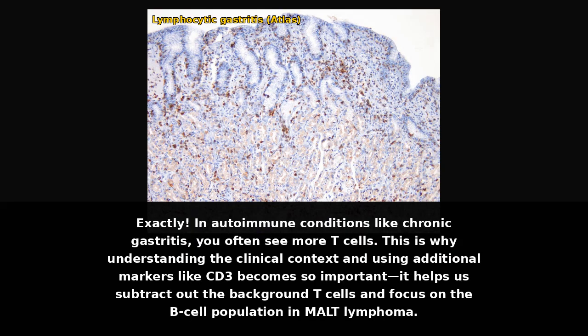Exactly. In autoimmune conditions like chronic gastritis, you often see more T cells. This is why understanding the clinical context and using additional markers like CD3 becomes so important. It helps us subtract out the background T cells and focus on the B cell population in MALT lymphoma.